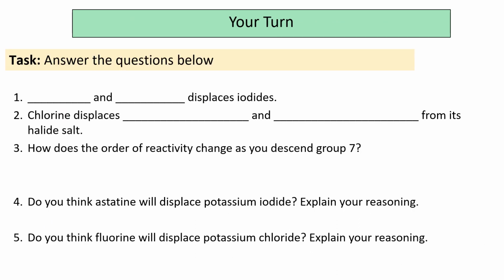So let's see what you've learnt. Answer the questions below and pause the video and I'll go through the answers in a few moments. So, which halogens could displace iodides? Well, anything that's more reactive than iodine. So that would be chlorine and bromine.